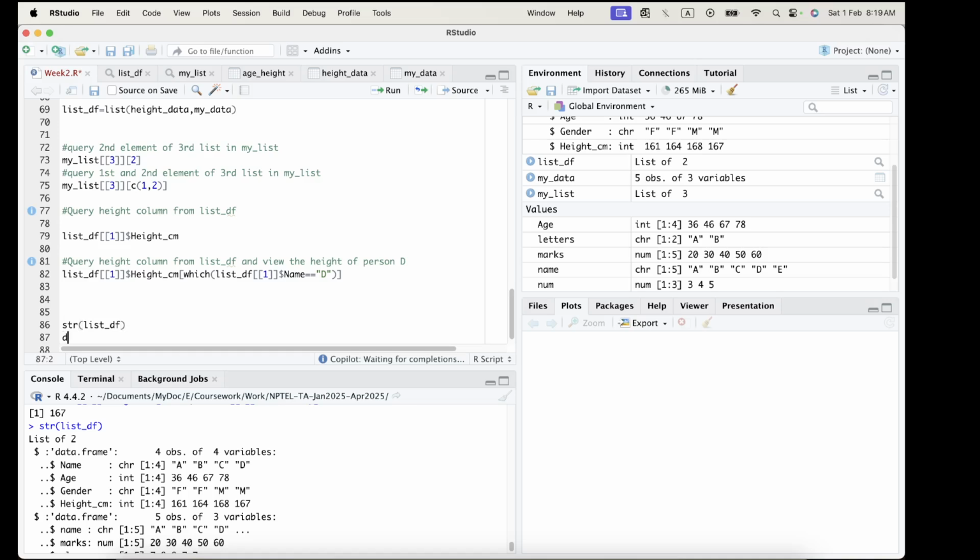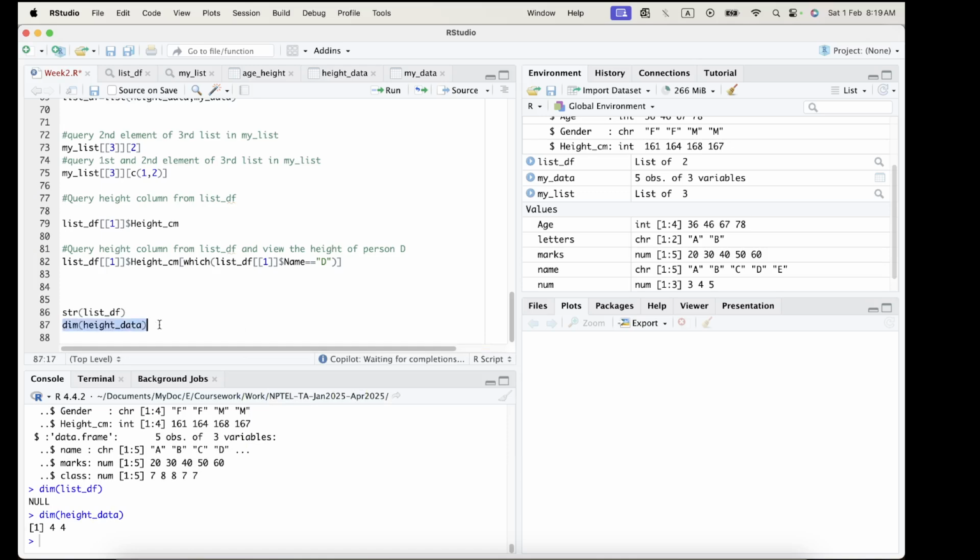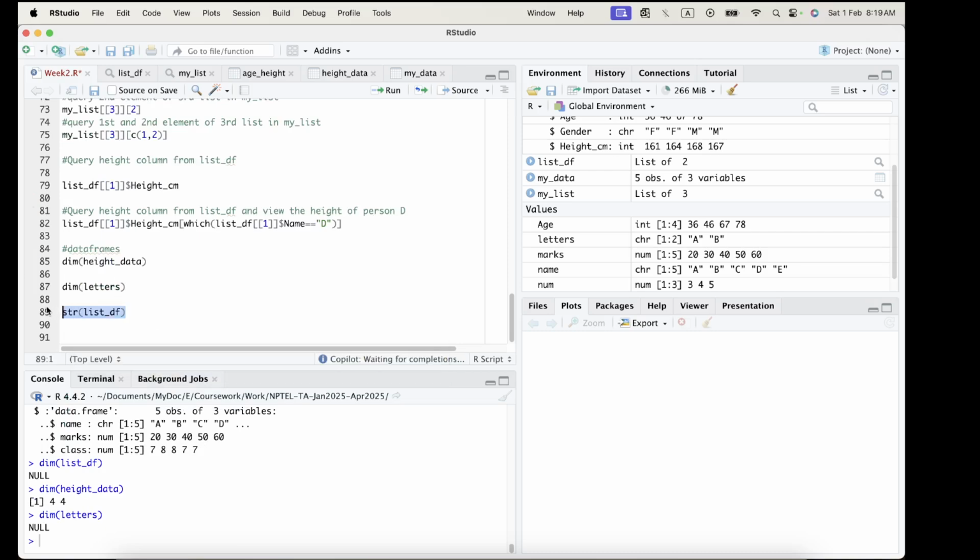And if I just mention dim of list df, I don't get this. But if I mention dim of height data, then it's going to give me the dimensions. So dim will work only for data frames. Will it work for arrays? Let us check. Dim of letters, no, it's not working.